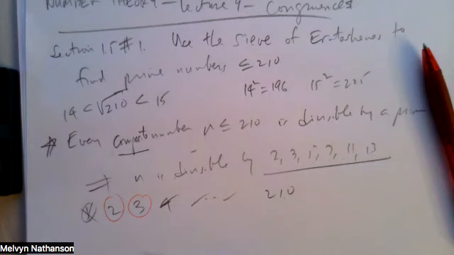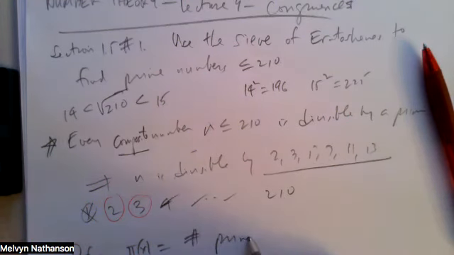Student: It says compute pi of 210. Is that the same thing as less than the square root of 210? No. So again, you have to be reading the book. At the beginning of section 1.5, it defines pi of x as the number of primes less than or equal to x.